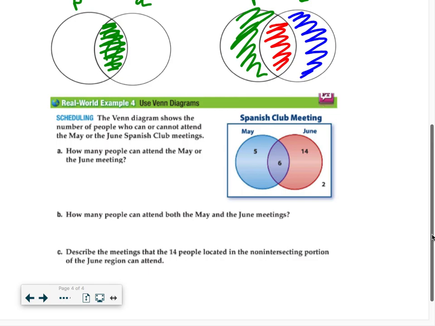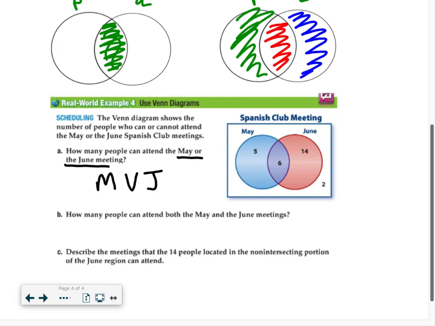The Venn diagram shows the number of people who can or cannot attend the May or the June Spanish Club meetings. How many people can attend the May or June? So we're looking at May or June.